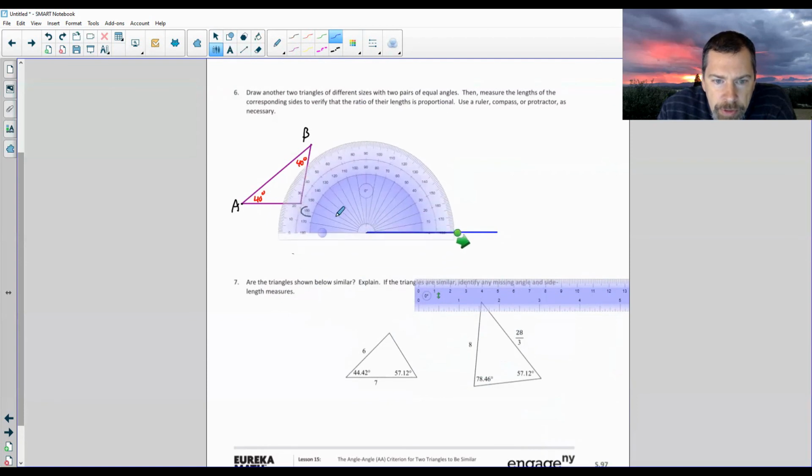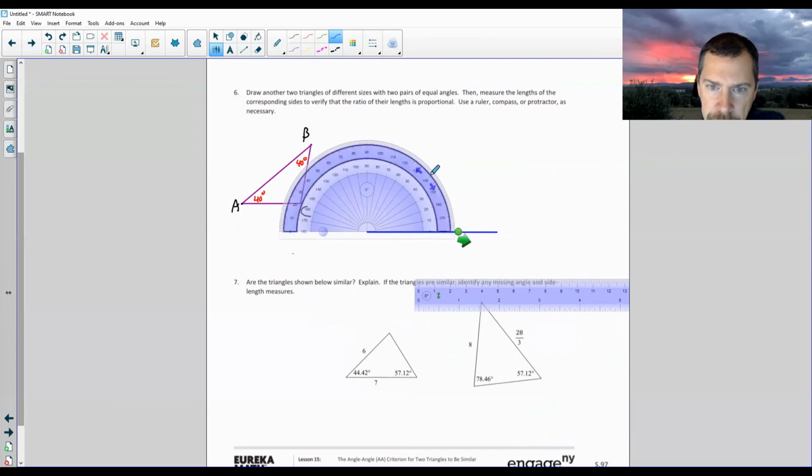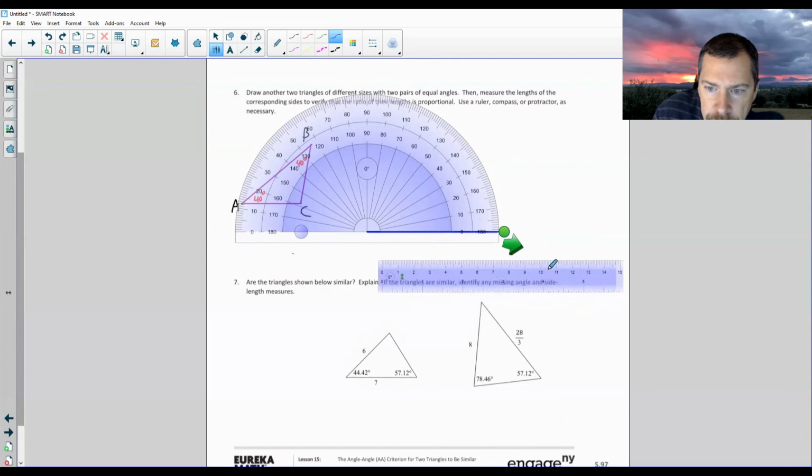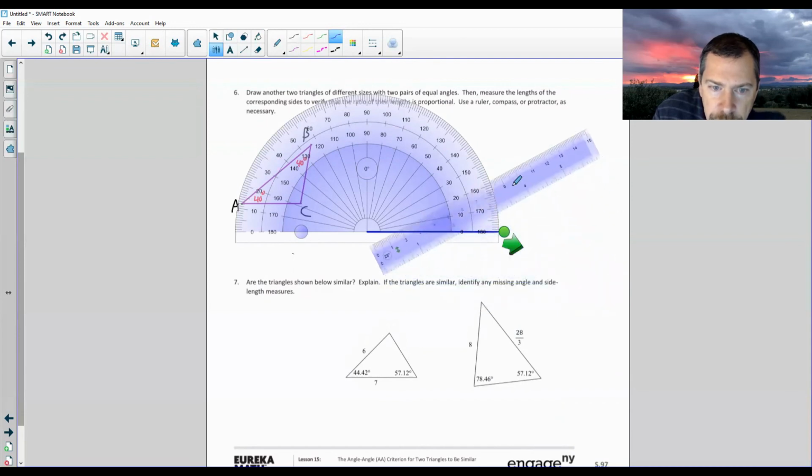At 0, put this right at the end point. 40 degrees is, let's make this larger, 40 degrees is right at this 140 outside. So that would be right about, well, actually, let's do this. I can probably draw a line through it.